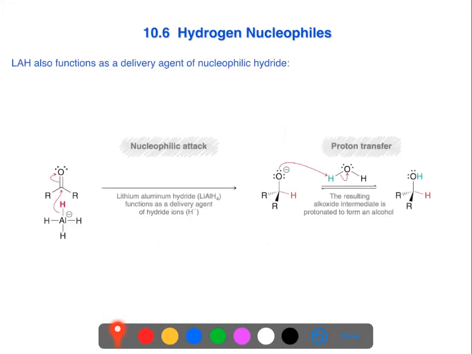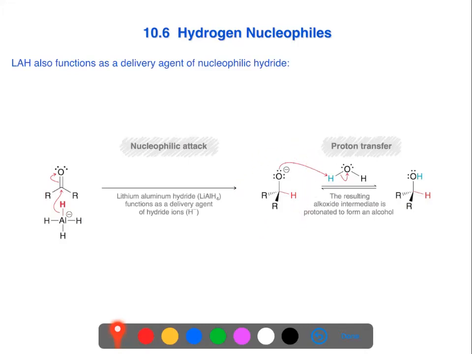Now, the mechanism, nucleophilic addition, is the same as what we saw for sodium borohydride, where lithium aluminum hydride functions as a delivery agent of the hydride ion. The electrons in this aluminum-hydrogen bond attack the carbon of the carbonyl, breaking the pi bond of the carbon-oxygen double bond to give the tetrahedral alkoxide intermediate.